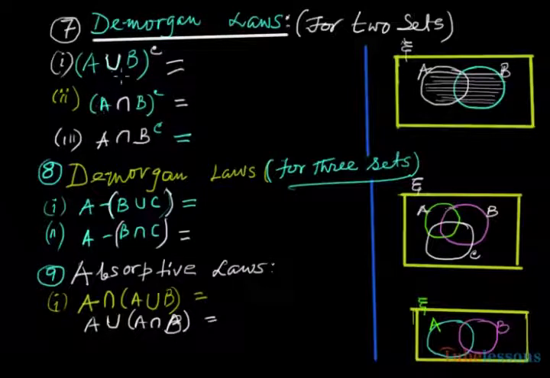Now the question is, which area represent A union B whole complement? That means outside of A union B. And this is the common zone of A complement and B complement. So you can write A union B whole complement equals to A complement intersection B complement.